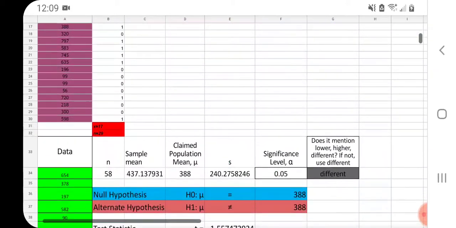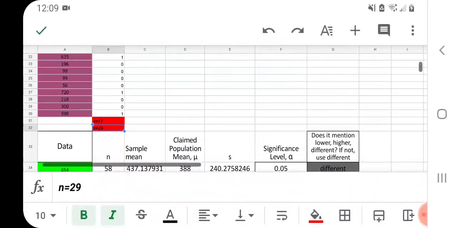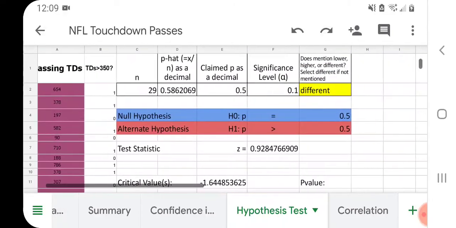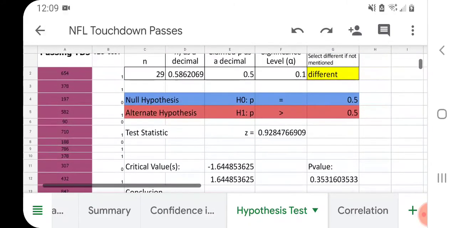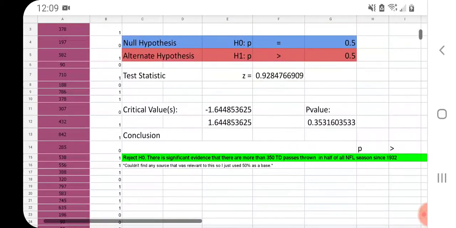There was my X, and there was my N. After I plugged it all in, I rejected the null hypothesis because there was significant evidence that more than 350 touchdown passes were thrown in half of the NFL seasons since 1932.